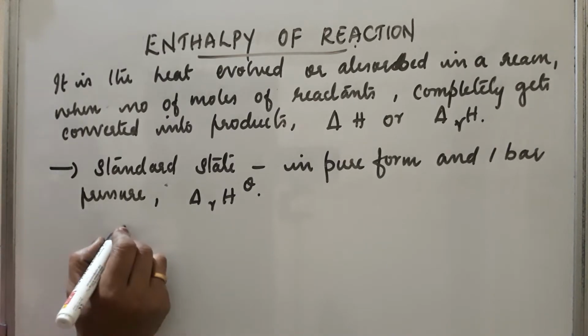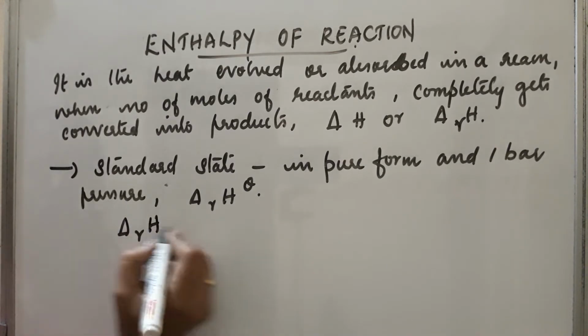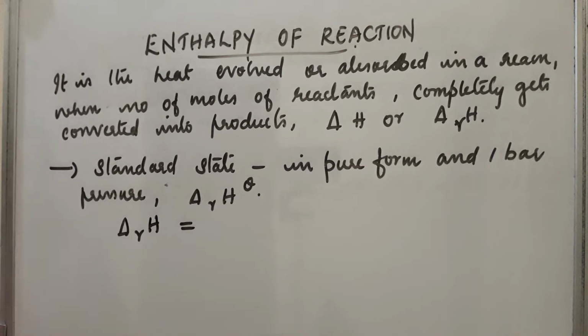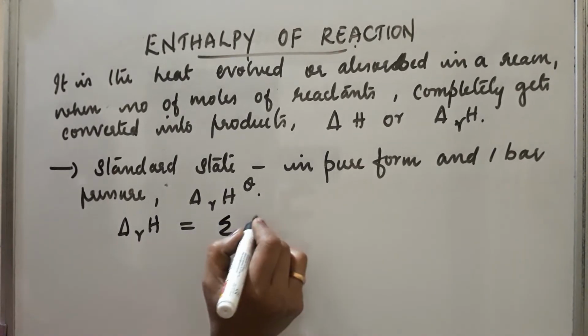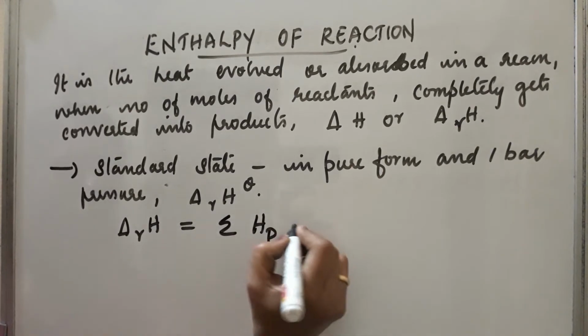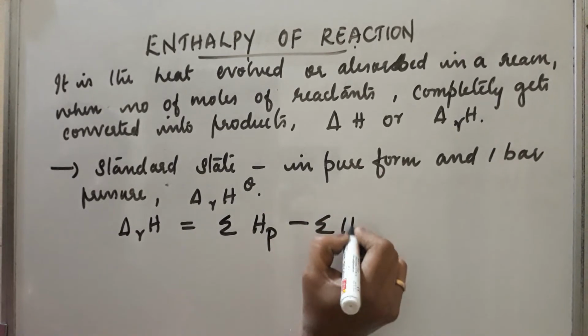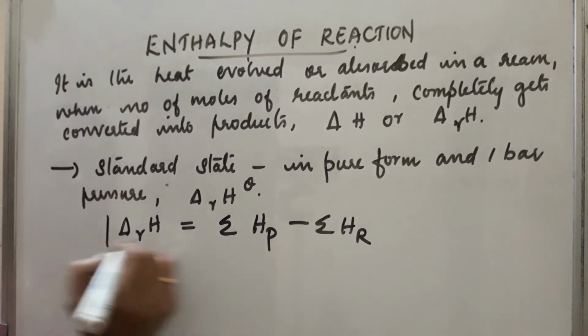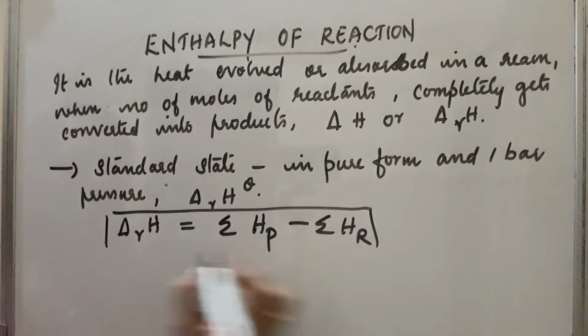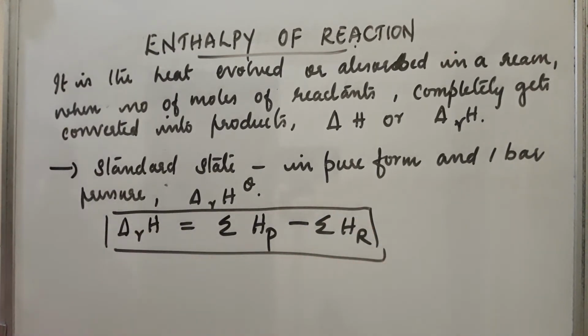Now, delta H of R in a chemical equation will be equal to the sum of the enthalpies of the products minus the sum of the enthalpies of the reactants.